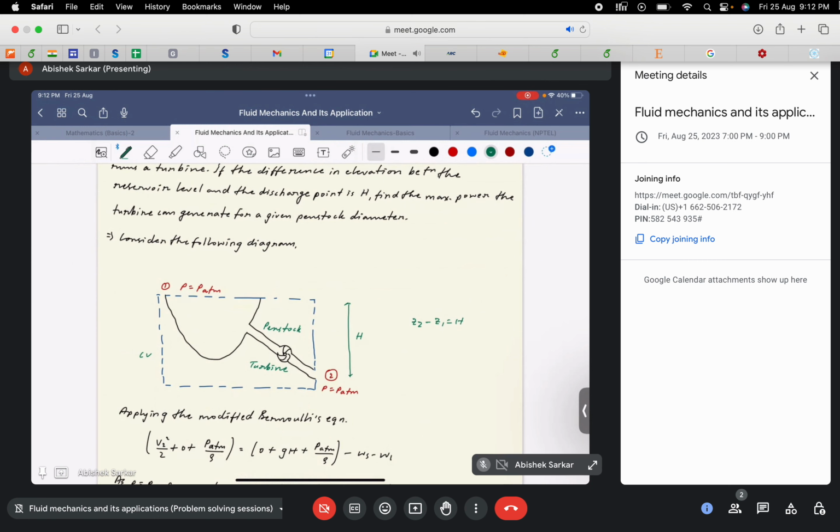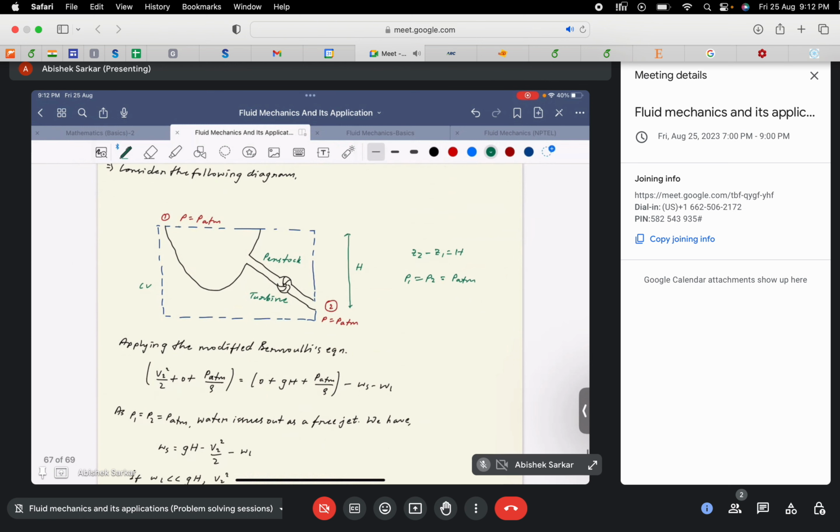We then apply the same equation, so I am not writing the equation again. And P1 is equal to P2 is equal to P atm. Why? The pressure at this point is the atmospheric pressure. Then the liquid ejected out from the turbine is ejected as a free jet, so the pressure at that point will again be equal to the atmospheric pressure. So P1 is equal to P2 is equal to P atm.